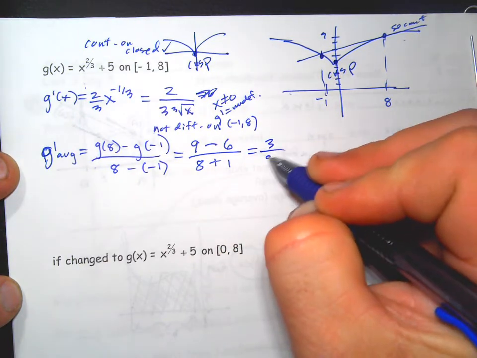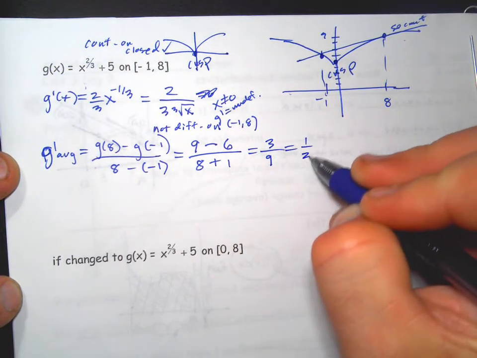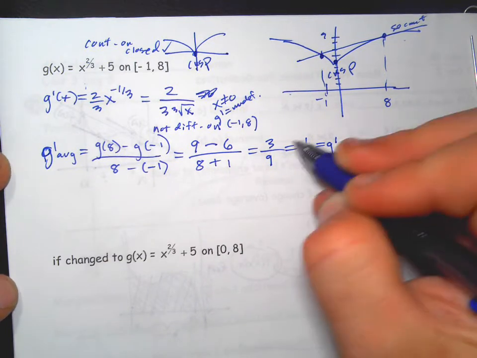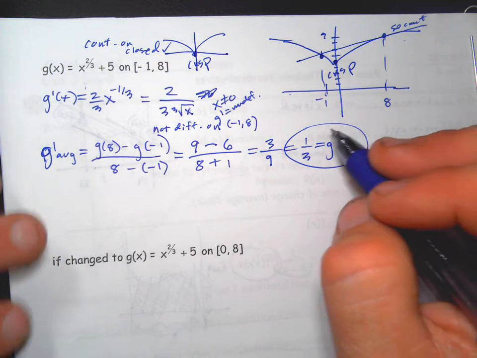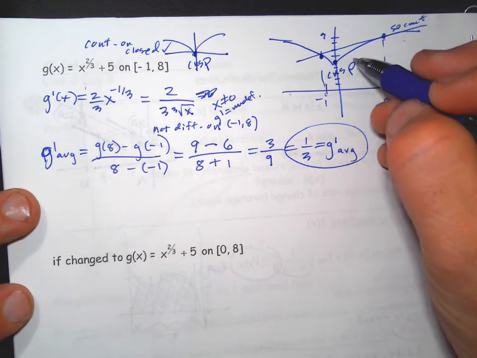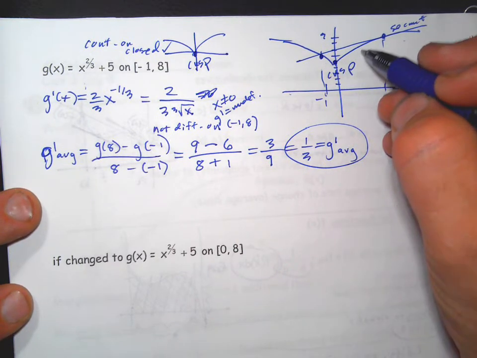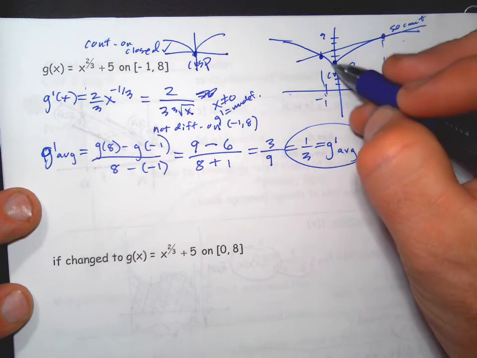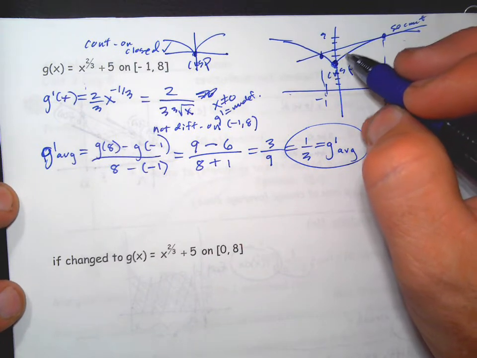And you get 3/9 or 1/3. So, this is a little sketchy. Now, here's the deal. You could just look at this picture. Is there an actual slope that ever equals this average slope? I don't think so. And that's because of this cusp.